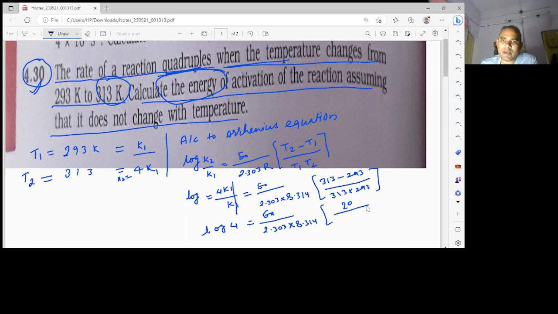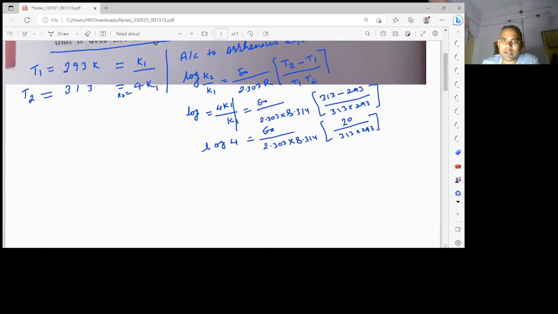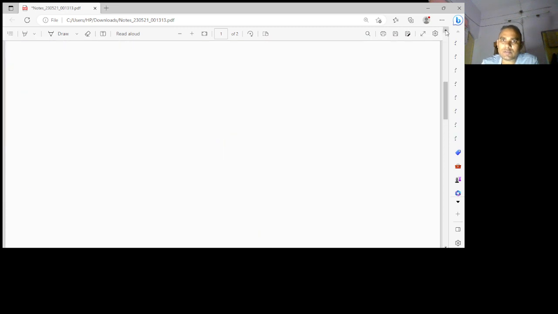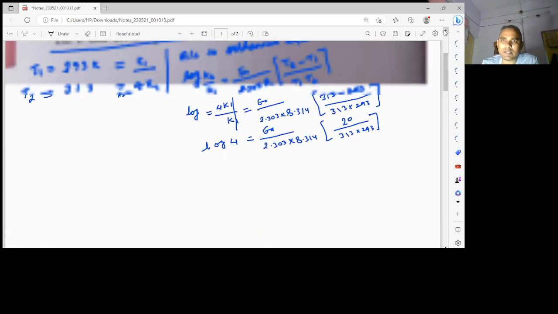So 20 by 313 multiplied by 293. These are the values we are getting. Now let us scroll down a little and find the values. Dear students, the log 4 value is 0.6021.